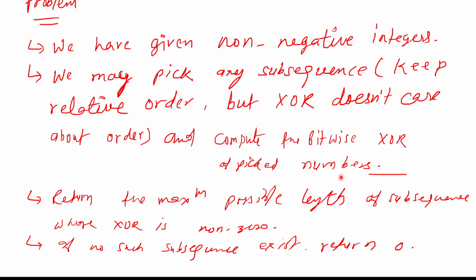So very first we have to pick the numbers and do the bitwise XOR. Then we return the maximum possible length of the subsequence whose XOR is non-zero, so we have to return the maximum possible length. We'll know how to do that, don't worry. If no such subsequence exists, we return 0. This is what the problem is saying. I suggest you pause this and read it two or three times so you understand.